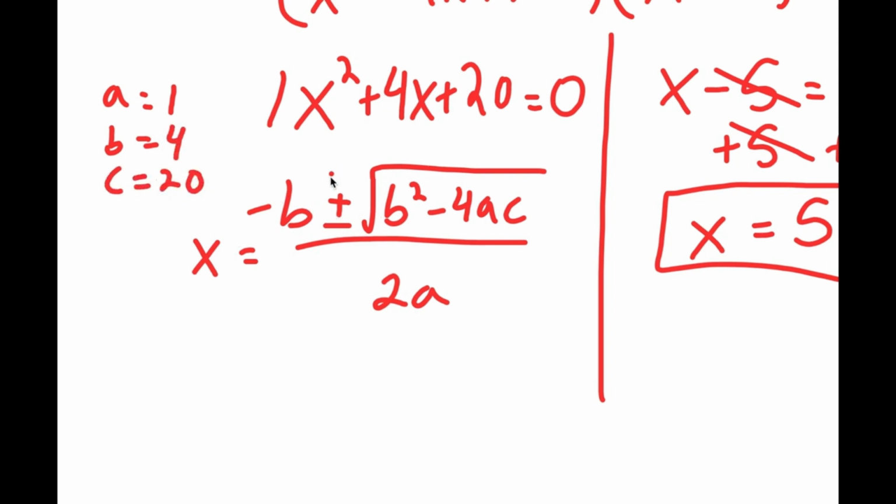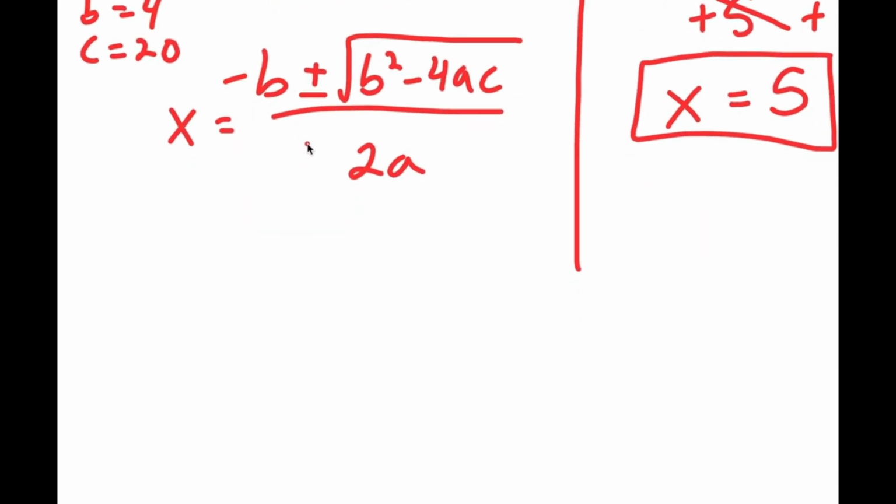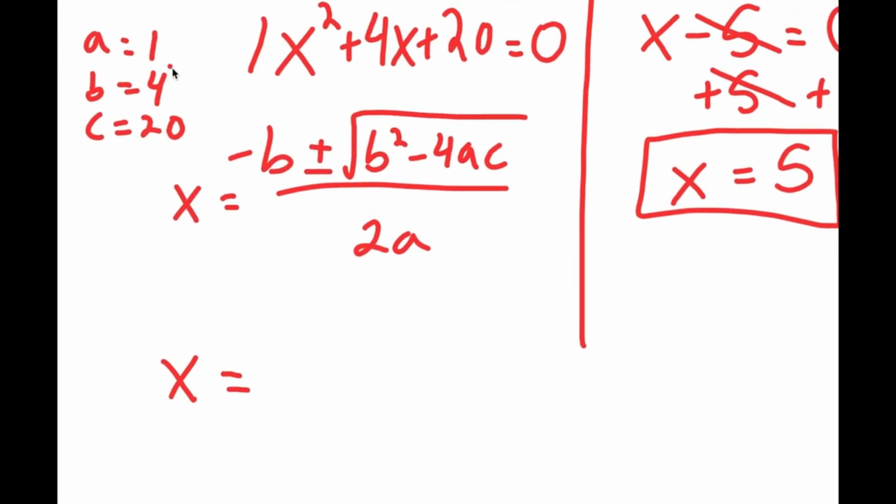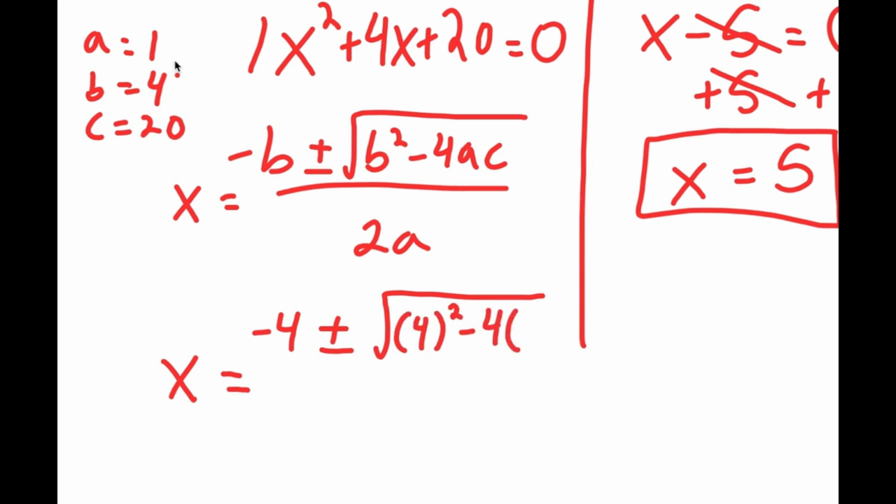So I can just plug these into this formula. So now, I get x is equal to negative b, and b is 4, so negative 4 plus or minus the square root of b squared, which is 4 squared, minus 4 times a, which is 1, times c, which is 20, all over 2a, so 2 times 1.